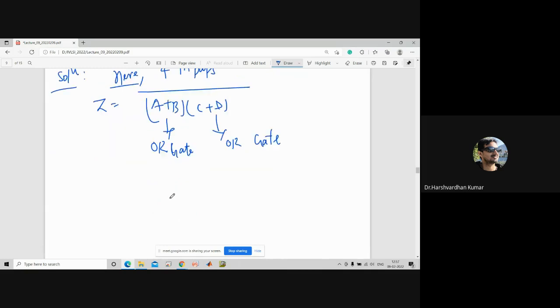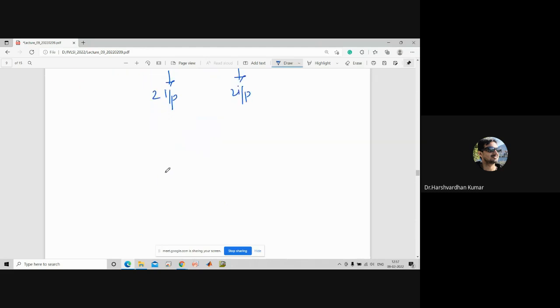So the first OR gate will be 2 input, that is A and B. The second one is also a 2 input OR gate. So we can design, let us say here A, B. Here the second OR gate, that is C and D. So what will be the output here?